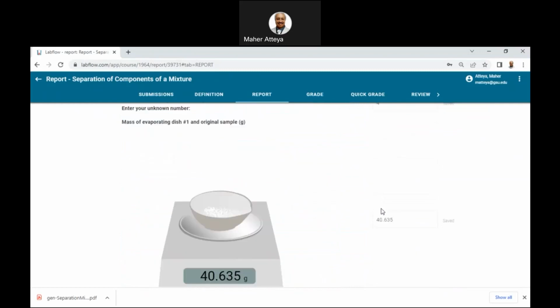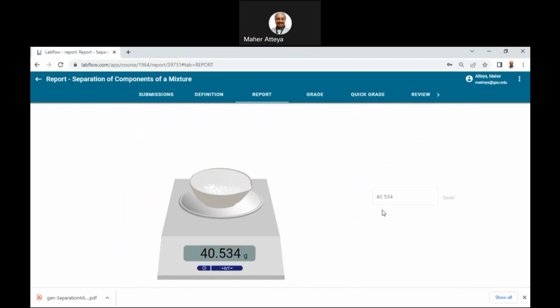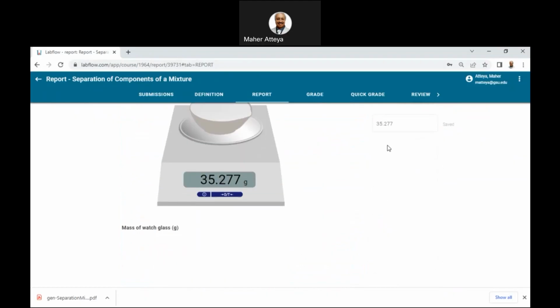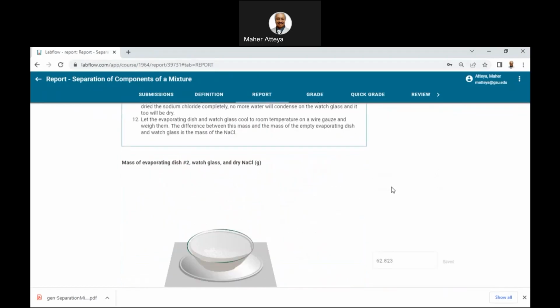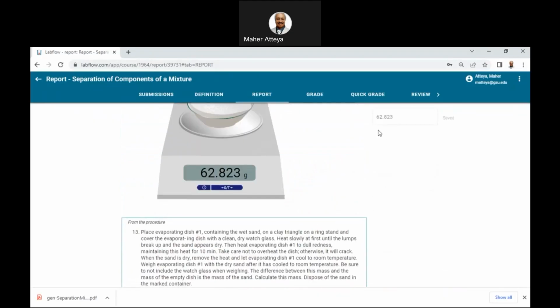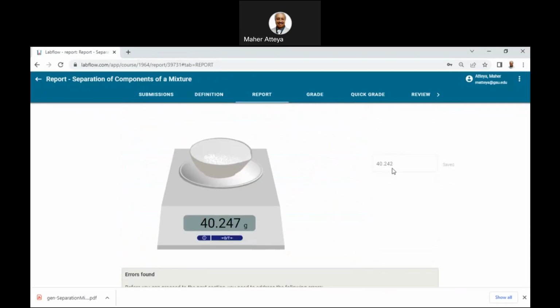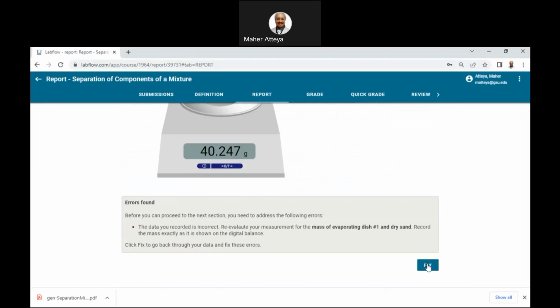I'm just checking where the error is. 40.534, 35.277, evaporating dish, watch glass, and dry, 62.823, and here is 40.24. Okay, I see there is 7.247. So fix.